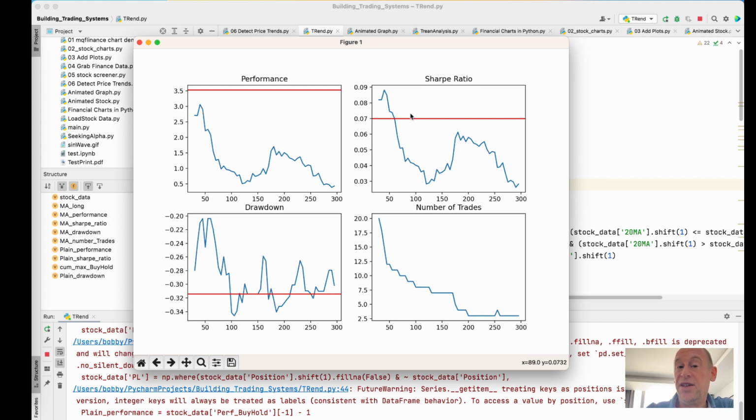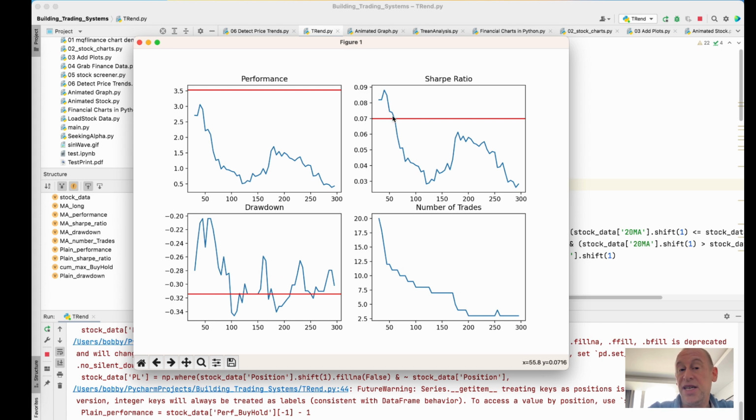And here, for example, I see my Sharpe ratio. That's the performance per unit of risk. And I see that if I have a low moving average, I have a higher Sharpe ratio than with a higher number of days.